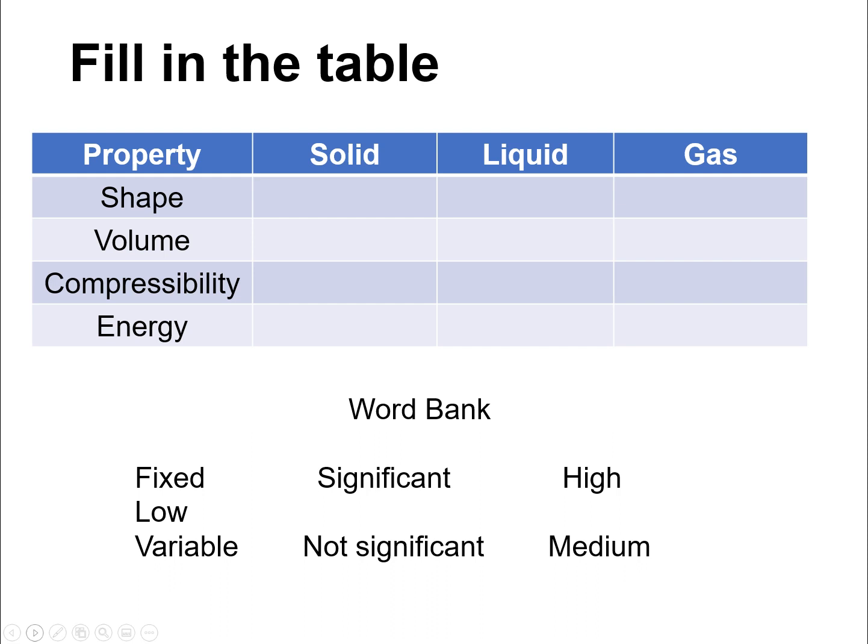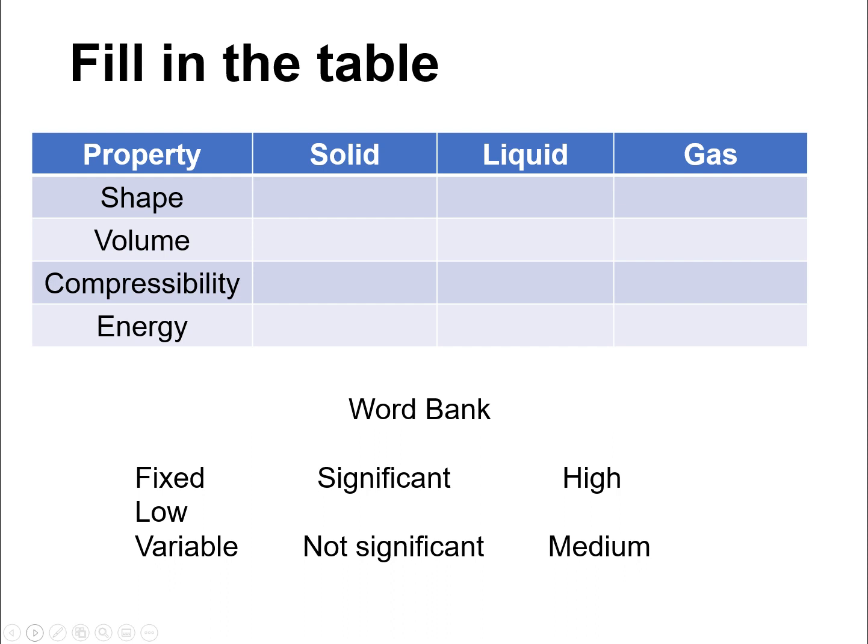All right. So first, solids, liquids, and gases. Let's talk about shape and volume. Think about a solid in your mind. Let's say you have a coin, right? The shape of that coin is fixed.